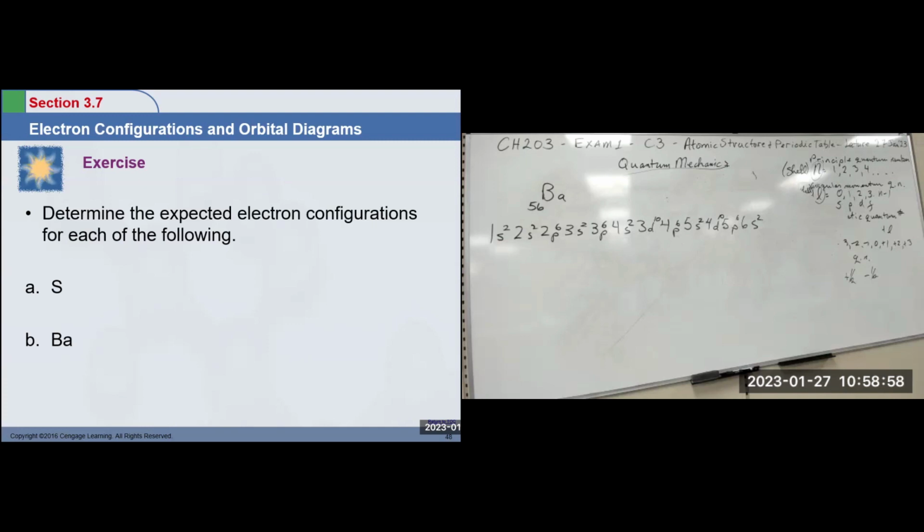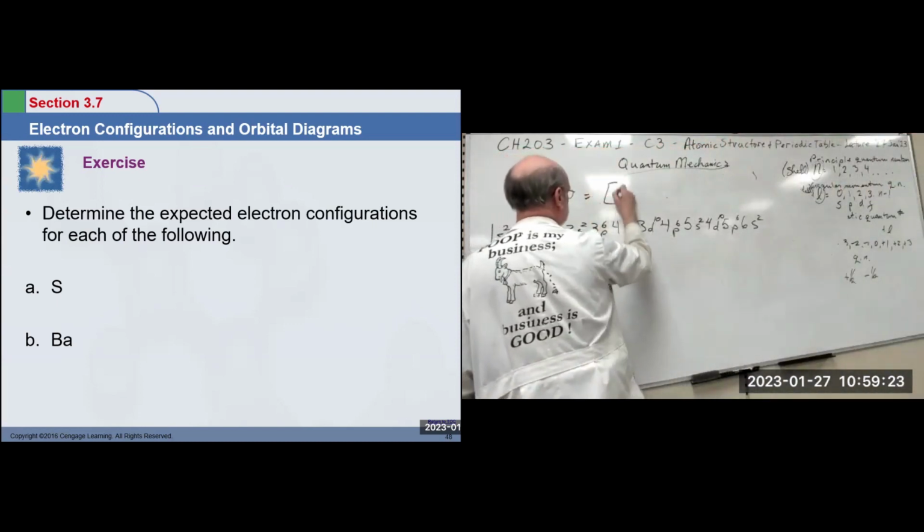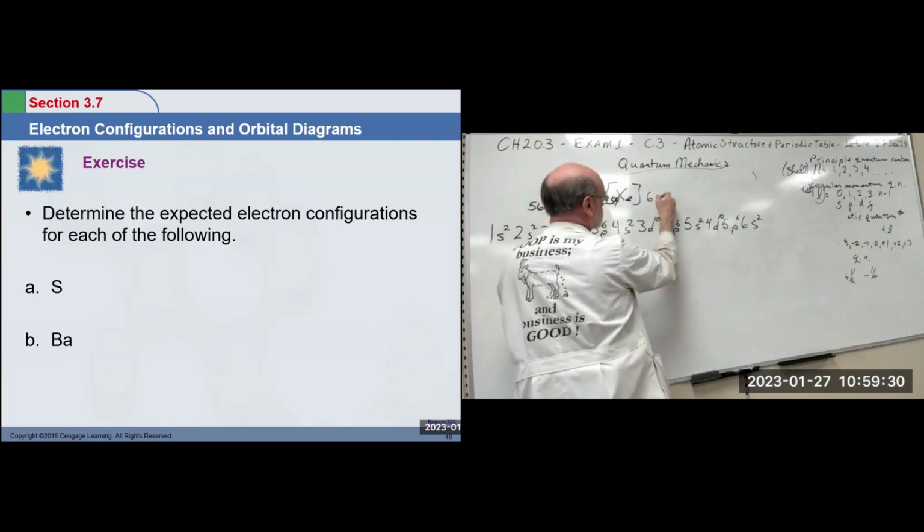But we can condense it further. Notice that as you back up and come to a noble gas, noble gases are complete. All their shells are full. So if we say xenon, 54, as the root, then all we have left is 6s2.